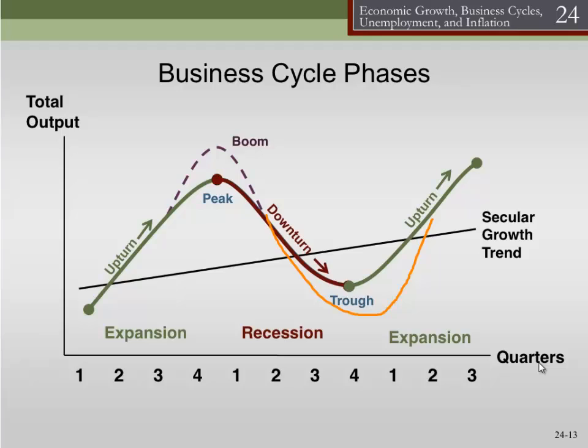What we prefer is nice, long, shallow expansions and short, shallow recessions, as close to this trend as we can get. Why? Because it's easier to predict. There's less uncertainty. We don't have to deal with things like unemployment or inflation.